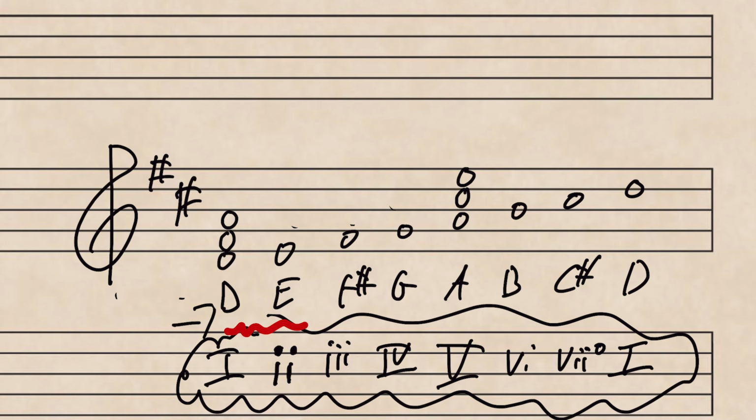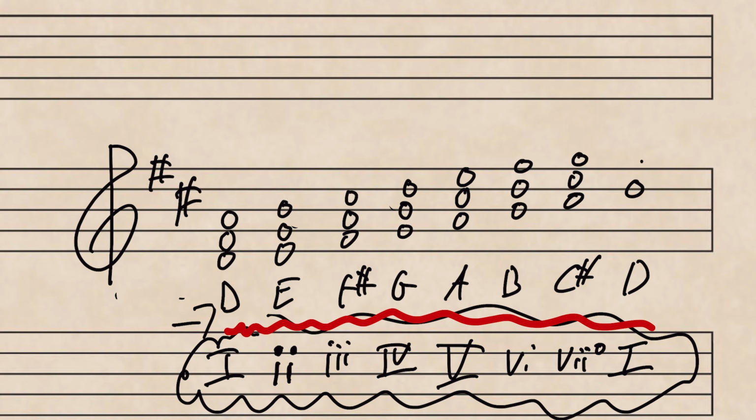This guy down here stays exactly the same: major 1, minor 2, minor 3, major 4, major 5, minor 6, diminished 7, and major 1, because that's how they turn out when we just use the notes of the scale.